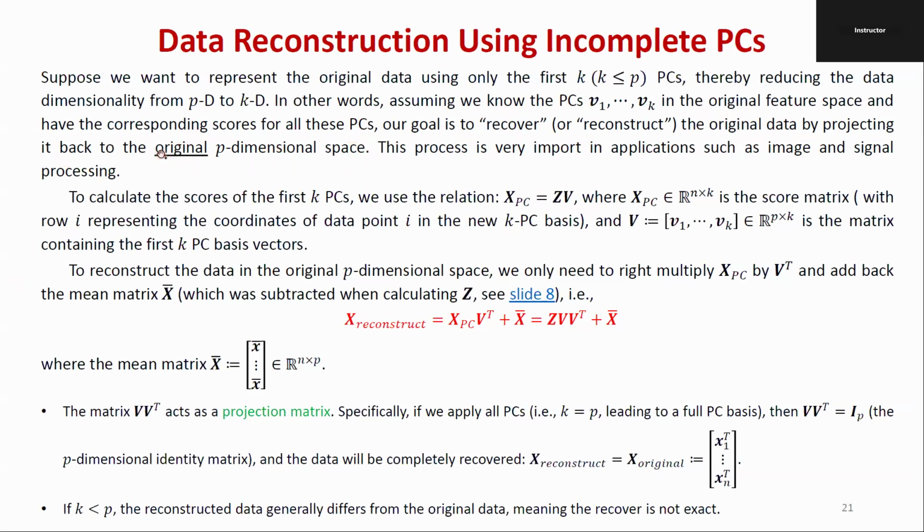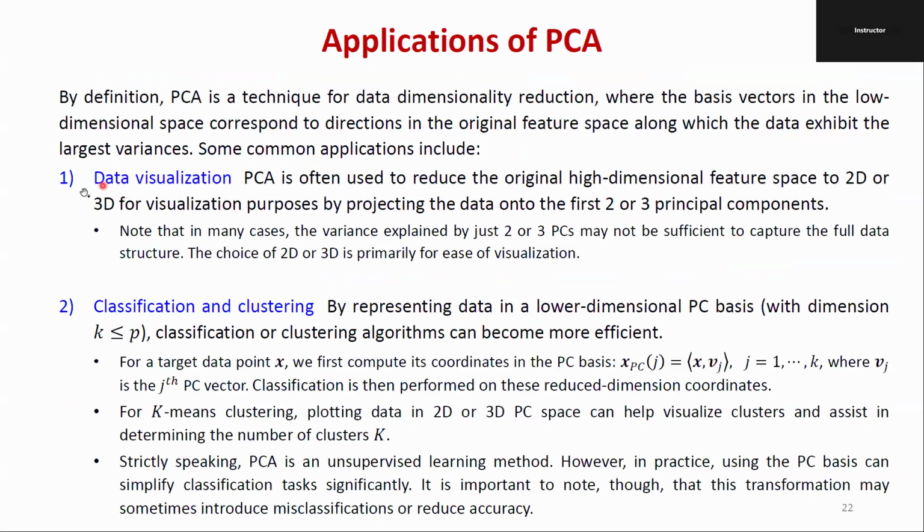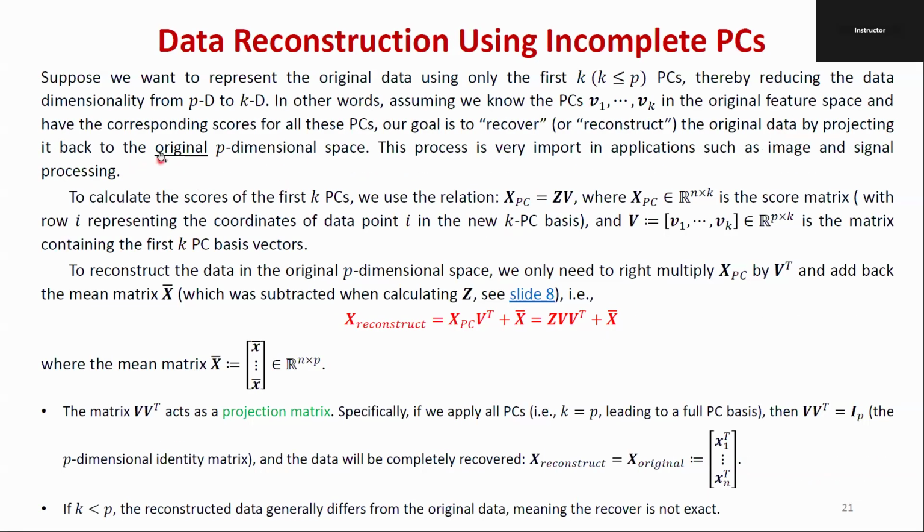Why do we need to do it? Because, for example, later we're going to see images that we want to project back to the original space so we can see them. Otherwise, we cannot run the PCs in our brain, you know what I mean? Otherwise, we cannot really see it or handle it using the original feature space. So this process is very important in applications such as image and signal processing.